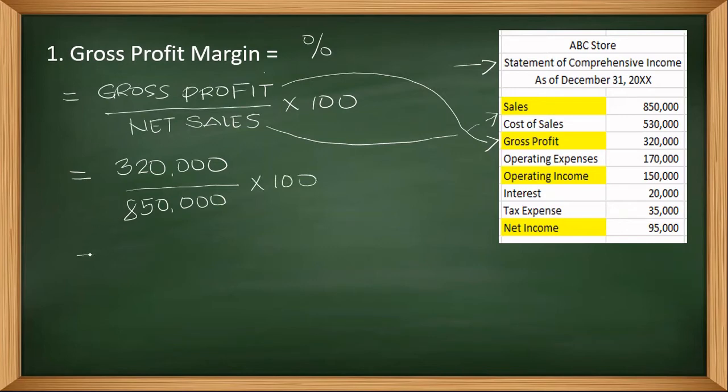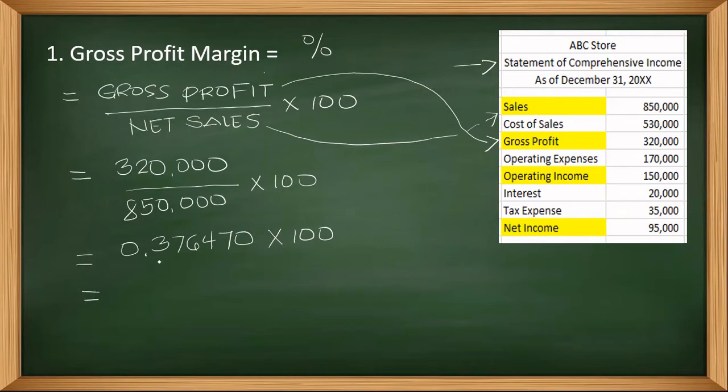So let's divide 320,000 divided by 850,000, which is equal to 0.376470. Then multiply by 100.